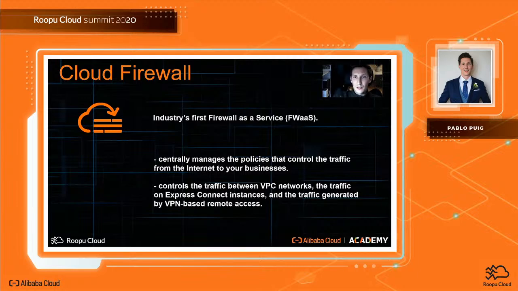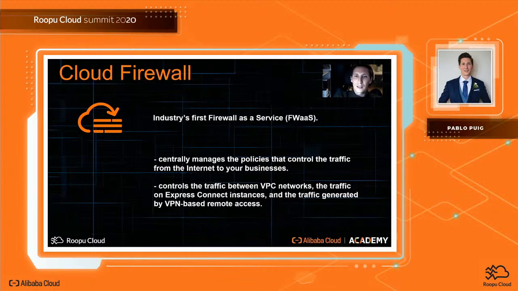So next service, Cloud Firewall. It is the industry's first firewall as a service solution for public cloud environments. This means this product manages the access control policy from the internet to ECS instances, as well as between ECS instances in a centralized manner.